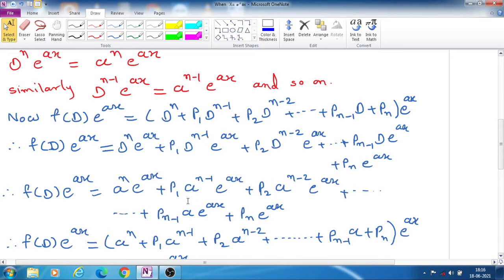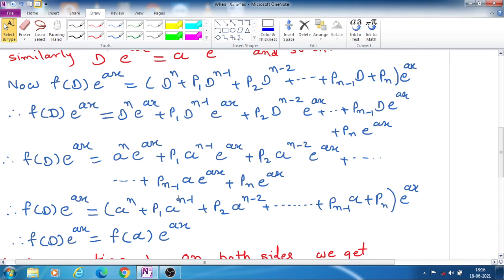So we put here a raised to n minus 1 e raised to ax plus the next term p2. Now D raised to n minus 2 e raised to ax, we can write directly as a raised to n minus 2 e raised to ax plus and so on, the last two terms: pn minus 1 D of e raised to ax means a into e raised to ax, plus pn e raised to ax.